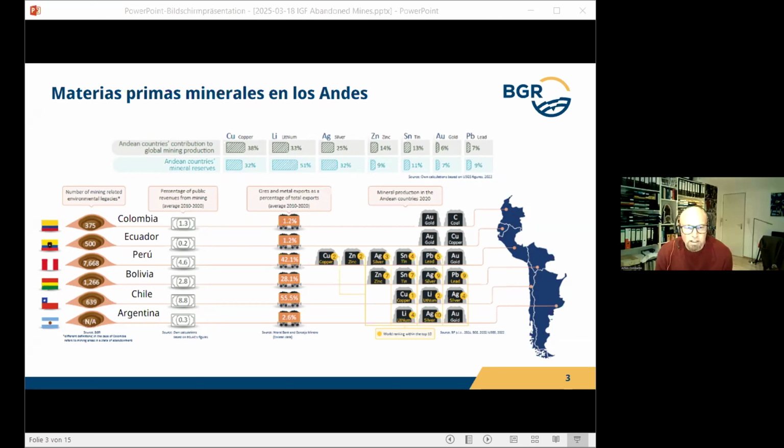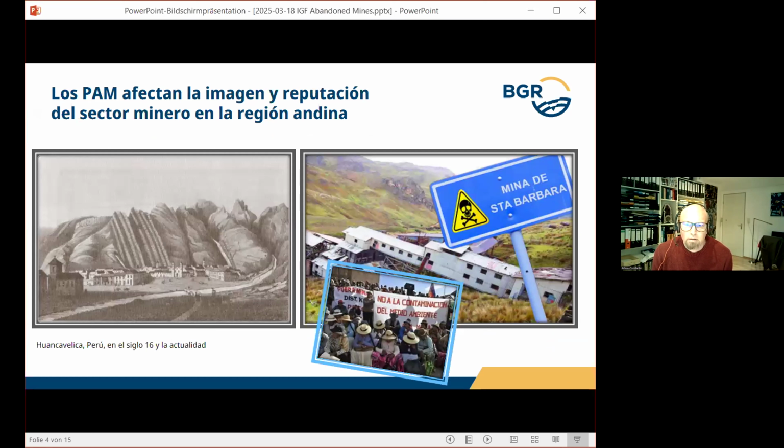It's important to point out that some Andean countries like Peru and Chile already have a mining history of industrial scale, but they already face challenges in this regard because many past mining activities were not made with an environmentally adequate approach, with the adequate remediation and care for the environment. So in these countries, you may check the numbers on the slide. It's the dark side of mining. You have abandoned mines, this mining environmental liabilities that have been left there that have an impact on the industry today.